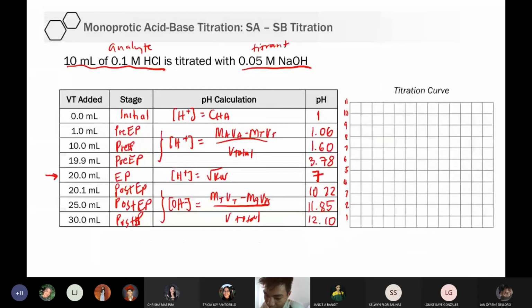So 5, 10, 15, 20, 25, 30. Habang nag-graph ako, mag-solve kayo ha pag di pa kayo tapos. Pa-plot ko lang to.